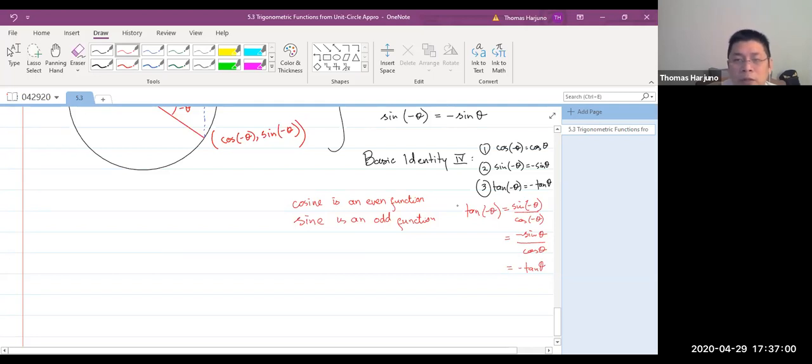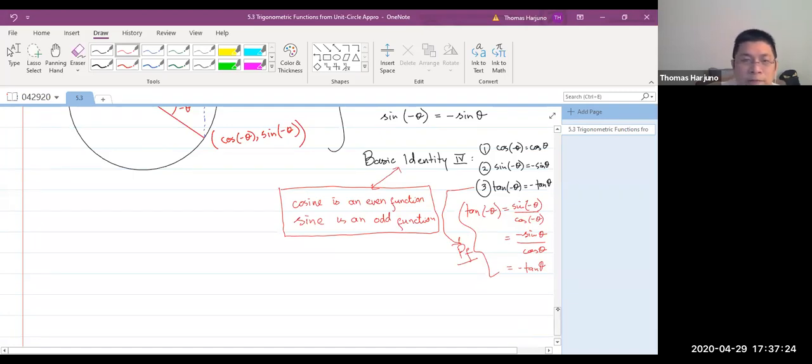Okay, that's the sketch of the proof. Things you have to memorize are basic identity 4, which in words says that cosine is an even function, sine is an odd function.